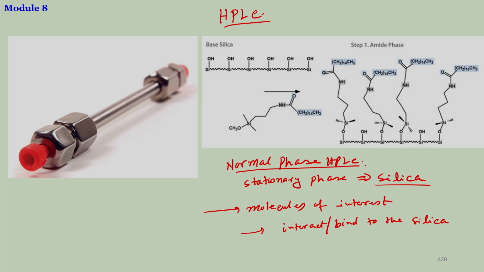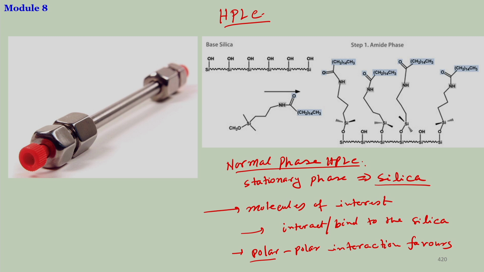Now, since this is polar, obviously if you have a more polar molecule, it will bind more strongly with silica. So polar interaction favors it: a more polar molecule will interact strongly with polar silica.